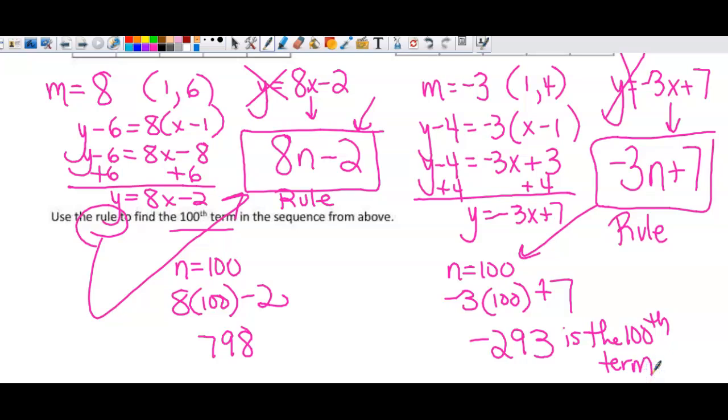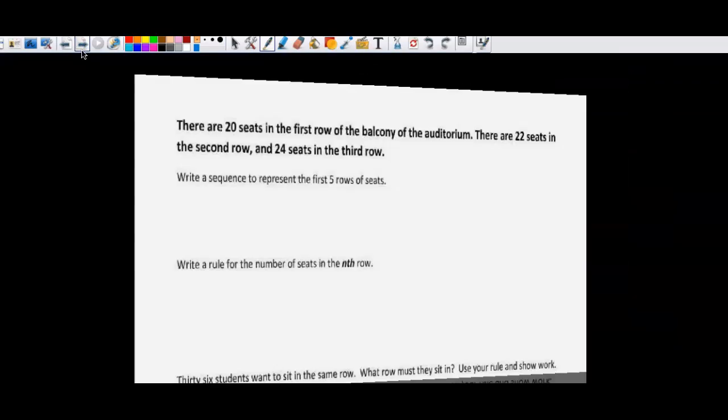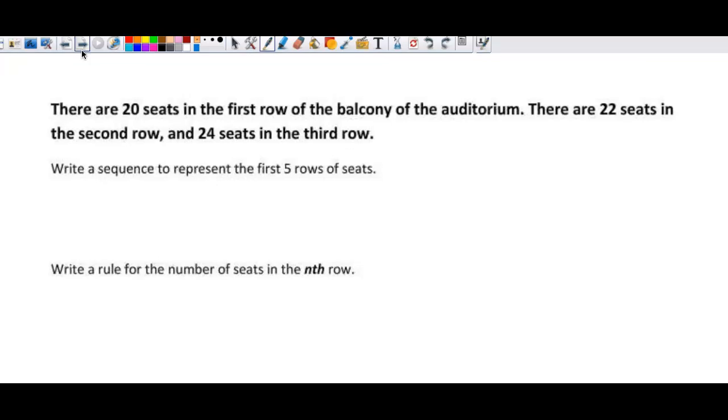All right. Now on the back, there is one more problem. It says there are 20 seats in the first row of a balcony of an auditorium. There are 22 seats in the second row, 24 seats in the third row.